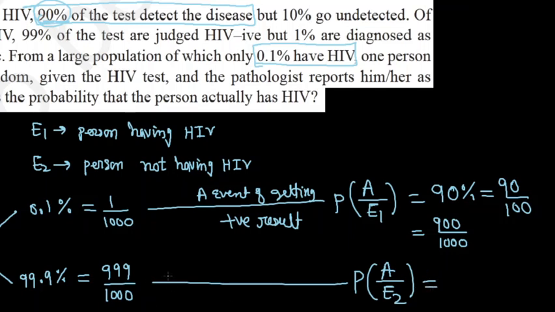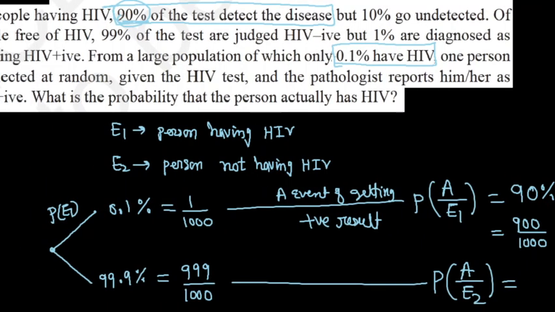Next, the probability of getting a positive result when a person not having HIV got tested. See the question carefully: 99% of the tests are negative, but 1% are diagnosed as positive.